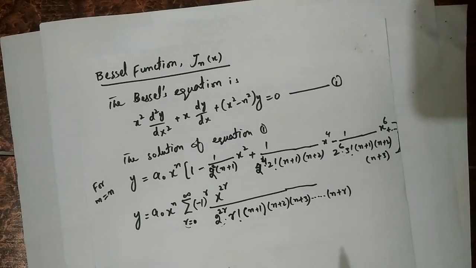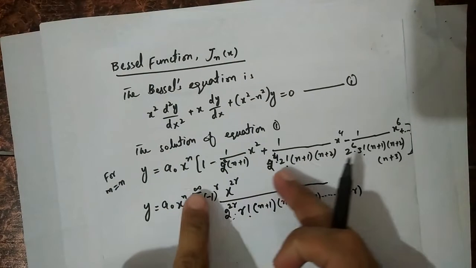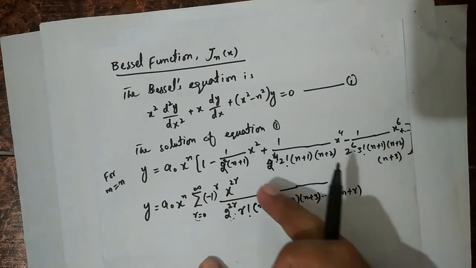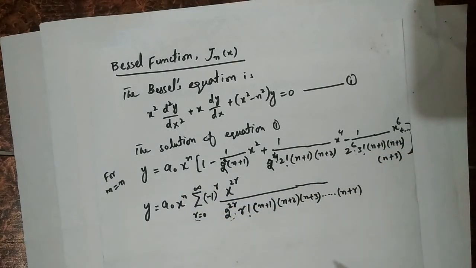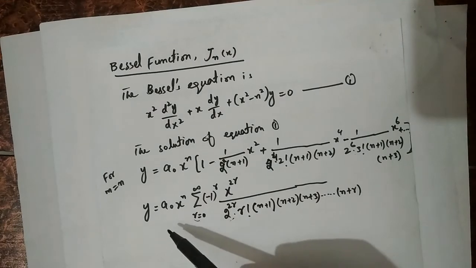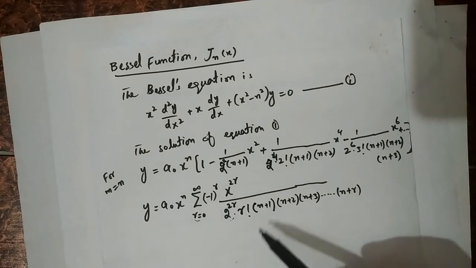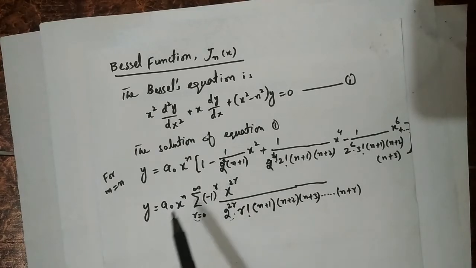So students, now we have reached here where we replaced all this series into a summation form. Now we are going to substitute the value for a naught, which is an arbitrary constant, and this function is incomplete until we put the value of a naught.